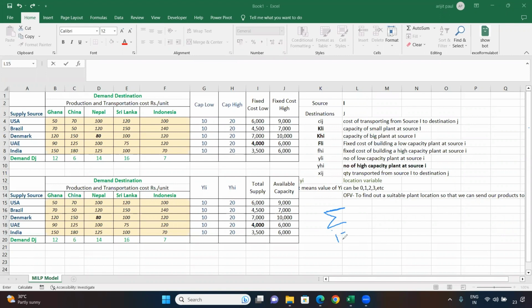This will be pretty much similar to the last problem which we solved in session 7. Okay. So I equals to 1 to I equals to 5, Xij. Xij is the quantity that we are going to transport from source I to destination j. Okay, equals to dj.